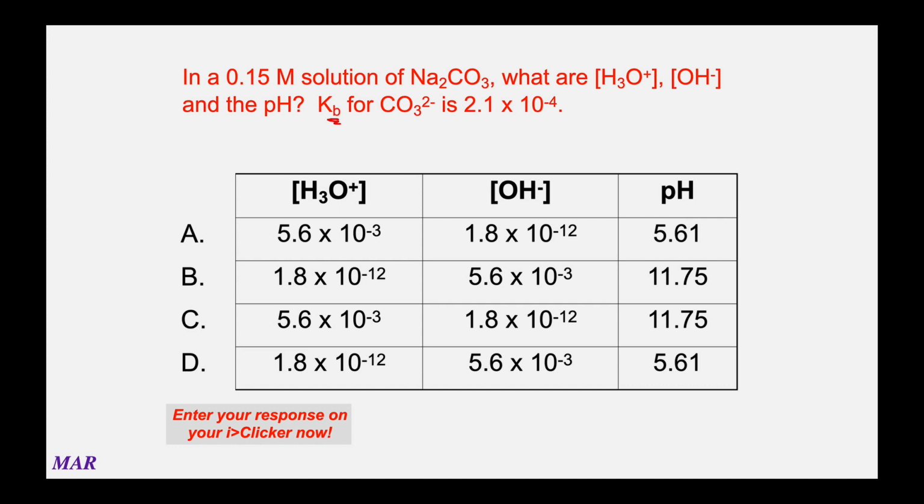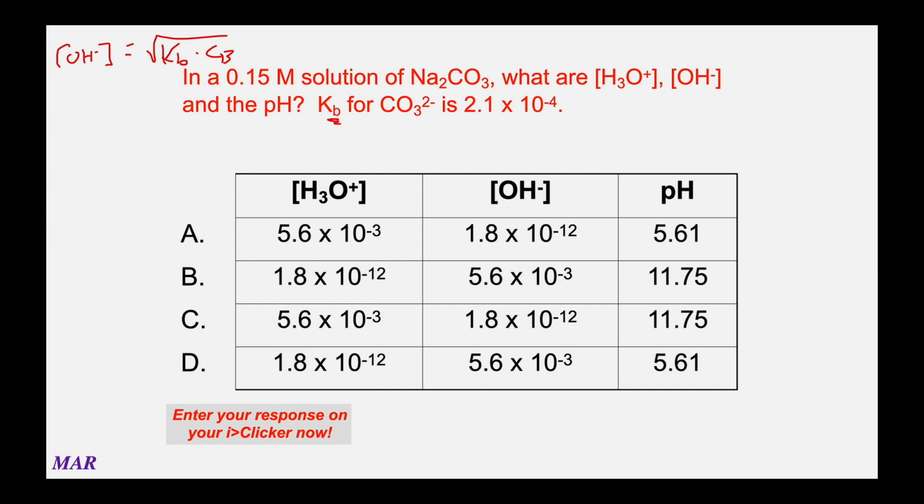The KB value there, 2.1 times 10 to the minus 4, isn't the smallest one. However, 100 times KB would be 2.1 times 10 to the minus 2, and that number is less than 0.15, the CB. So like we did in the last problem, the hydroxide ion concentration is going to equal the square root of KB times CB.